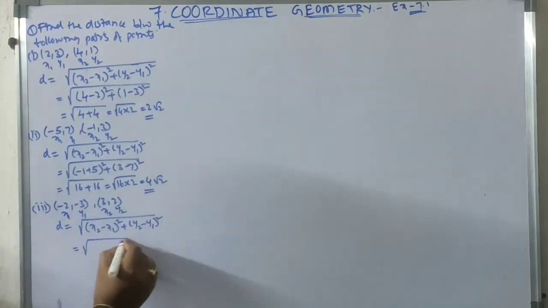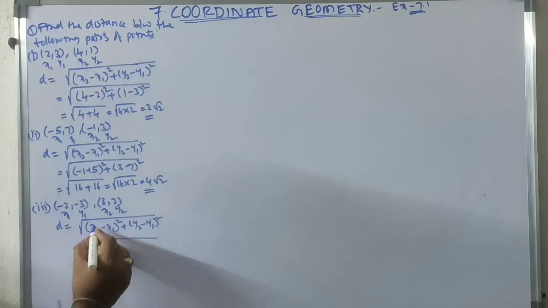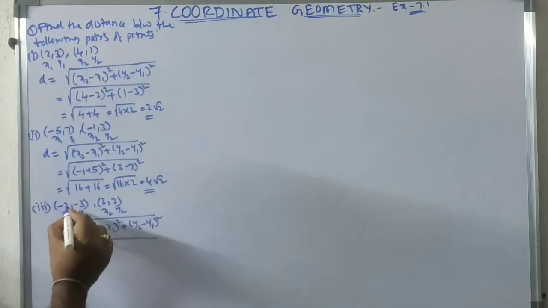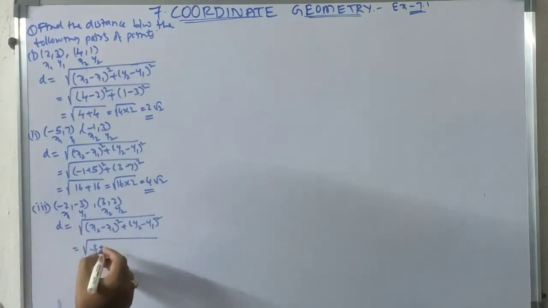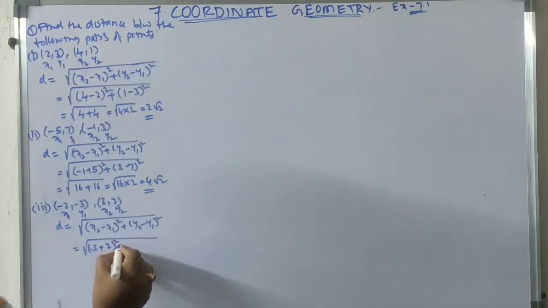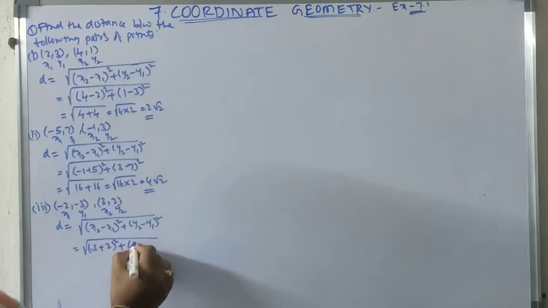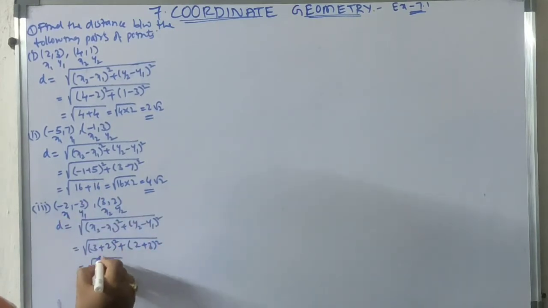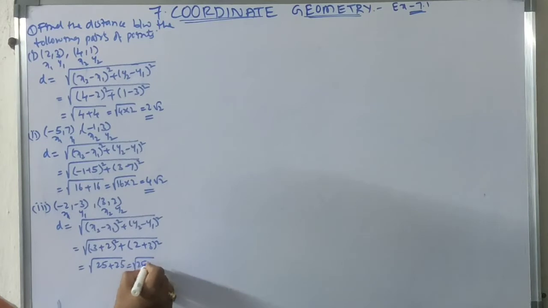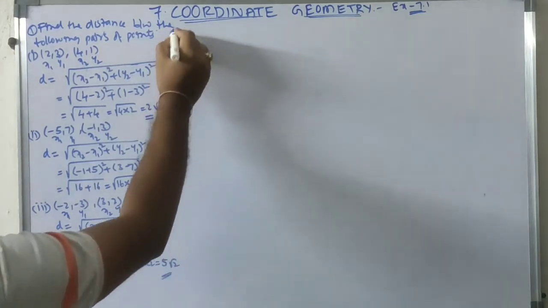So x2 is 3, minus of minus 2, so 3 plus 2 whole square, plus y2, which is 2, minus of minus 3, so 2 plus 3 whole square. 3 plus 2 is 5, square 25. 2 plus 3 is 5, square 25. 25 into 2, bringing 25 outside of root, 5 root 2. So this is the answer.